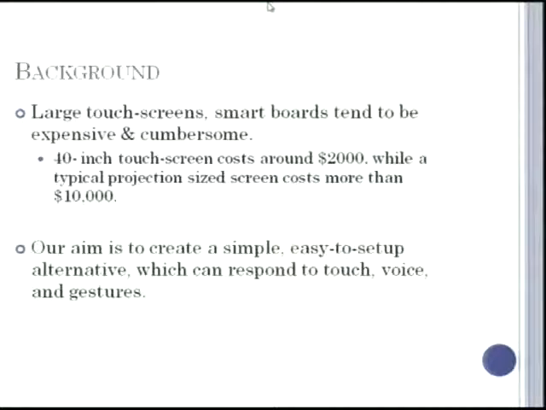They are fixtures. Once you fix it someplace, you cannot really move it. So let's say if you have a requirement to do a road show or a presentation in a trade show booth or somewhere, you cannot really drag your touch screen around and set it up and do a touch screen presentation whenever you want.